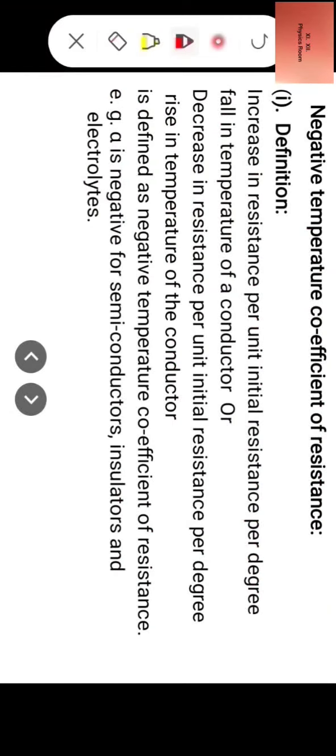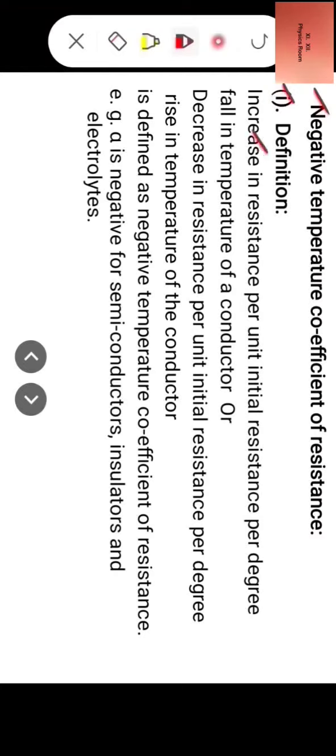So far, we have learnt about positive temperature coefficient of resistance, and now we come to negative temperature coefficient of resistance. The process and steps are similar. First is the definition.